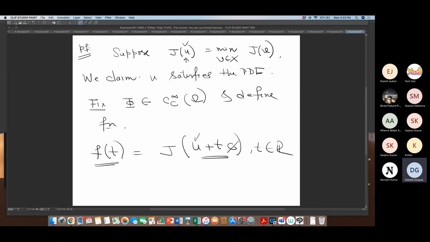U is known because J attains its minimum at the point U. Phi is some function you fix, and t is the parameter. So f(t) is a function of one variable. Yes or no? So f is a function from R to R. Yes or no?